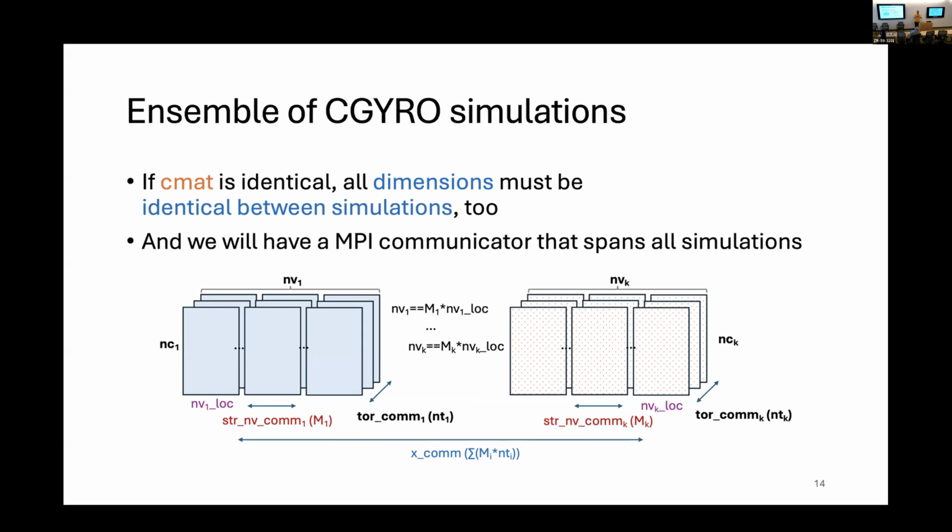So conceptually, what we get is a repetition of a lot of these simulations plus something that connects them all, because we need a way to share, so we need to have a common MPI communicator in order to share that information. So that's how we start before trying to do anything: just get a bunch of CGYROs, get a common communicator, and you start there.